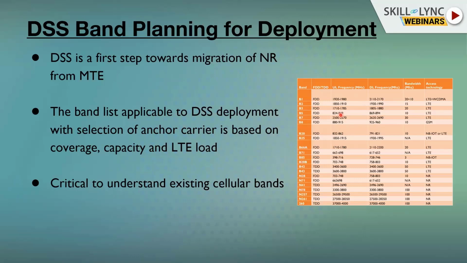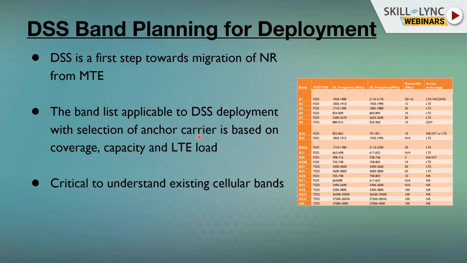In Australia, for example, 2100 megahertz is used by Optus as the shared carrier, as they have the biggest footprint of this low band carrier. So your planning engineer would consider that, and it was an anchoring decision to use that carrier for DSS.